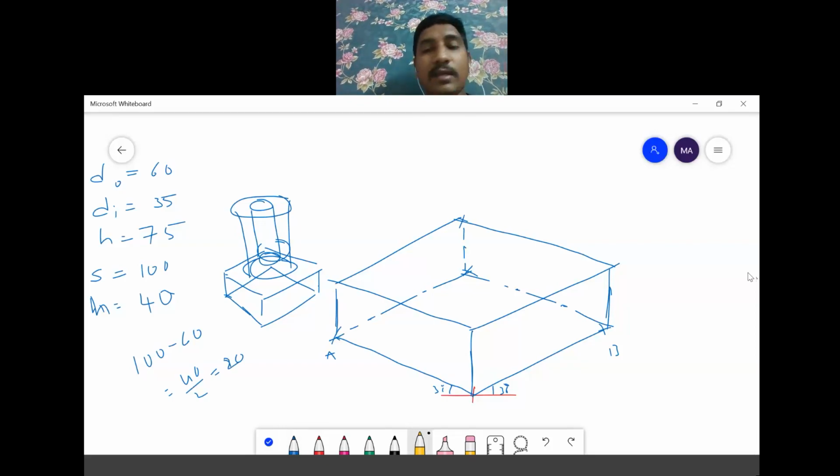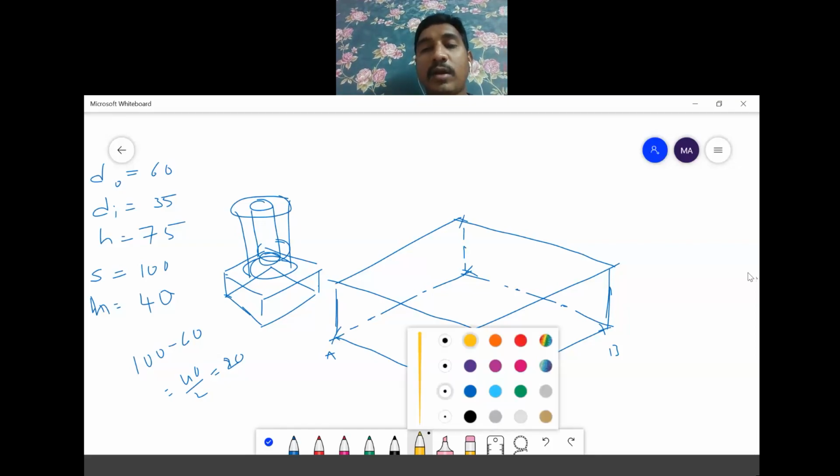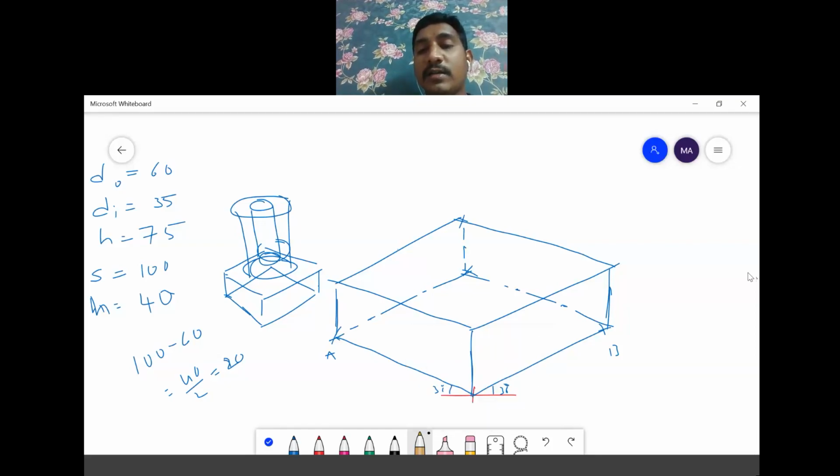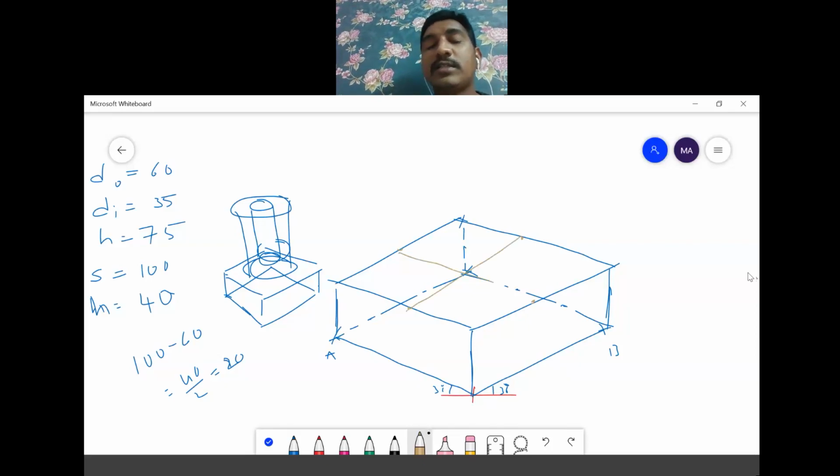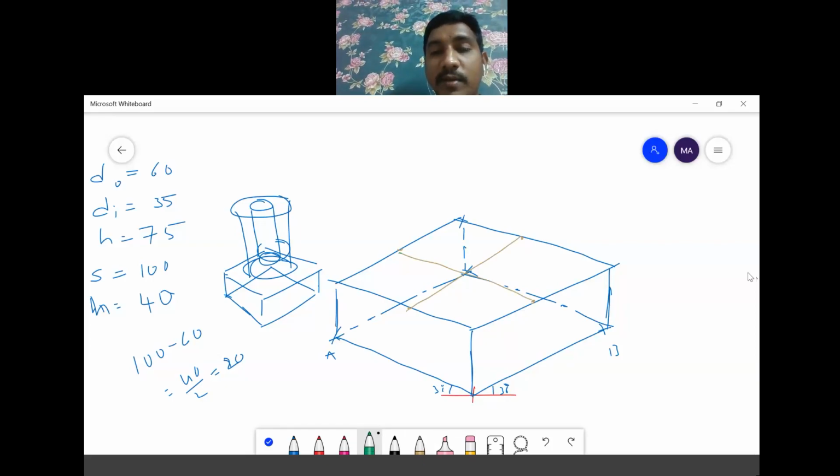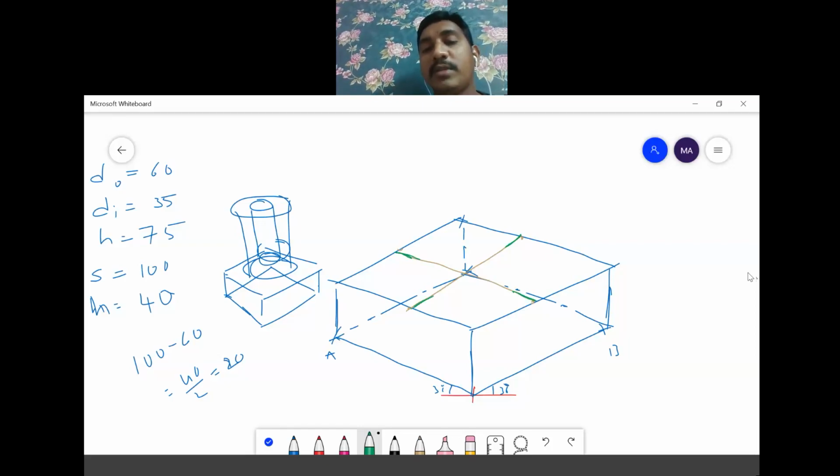So I am marking the midpoints here. So I am joining like this. So I am reducing 20 mm here, 20 mm here, 20 mm this side, 20 mm this side.